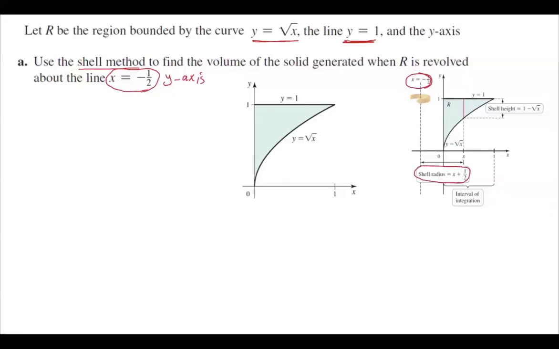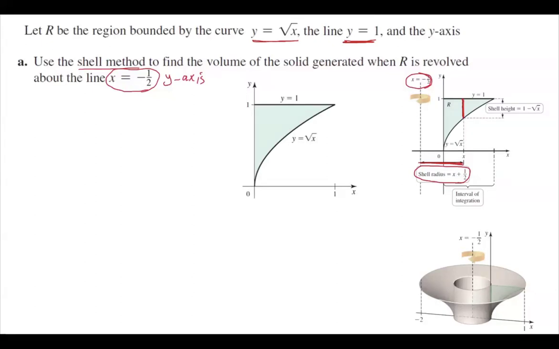This is the radius that you're looking at, and the height of the shell is 1 minus the square root of x. So basically here you have the height, and down here you're looking at the circumference, for which you need the radius. When you're rotating this about the line x equals -1/2, this is the object that you can visualize.